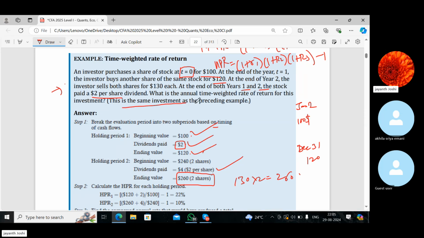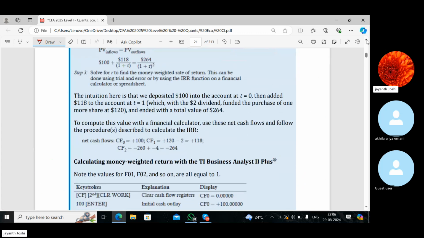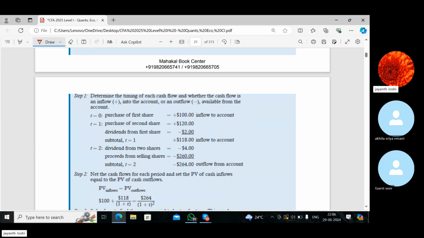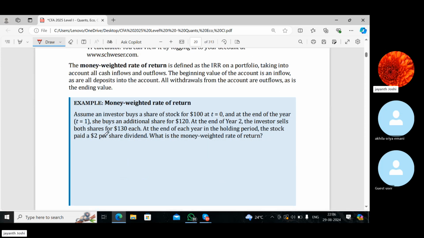They have given something here: this is the same investment as the preceding example. So I cannot pre-assume, right? What is the preceding example saying? We will look into it. Assume an investor buys a share of stock for 100, and at the end of the year she buys an additional stock for 120.